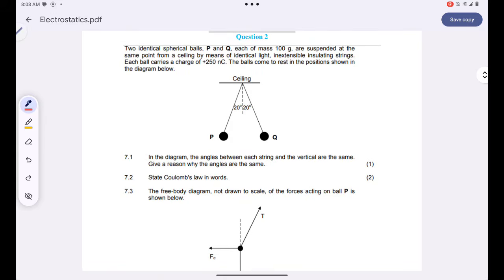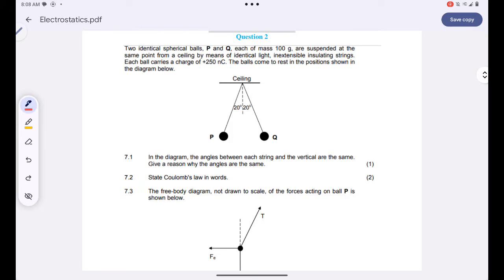Okay, we are told that two identical spherical balls, P and Q, each of mass 100 grams, are suspended from the same point on the ceiling by means of identical light inextensible insulating string. Each ball carries a charge of positive 250 nanocoulombs.